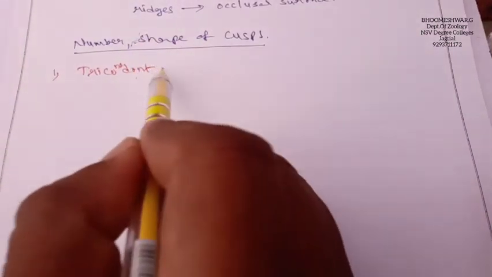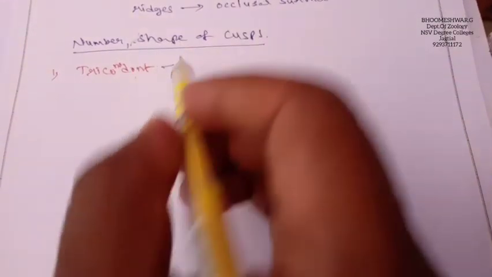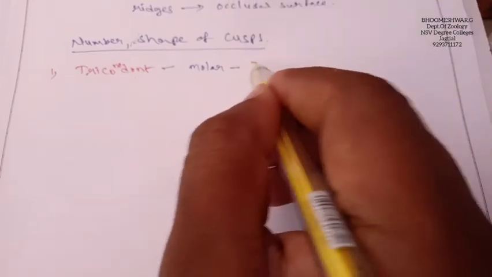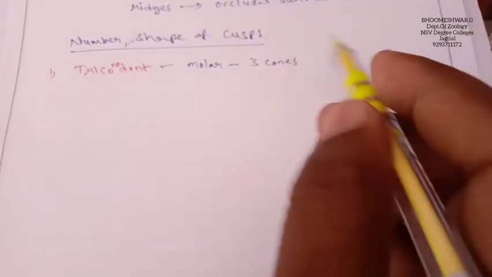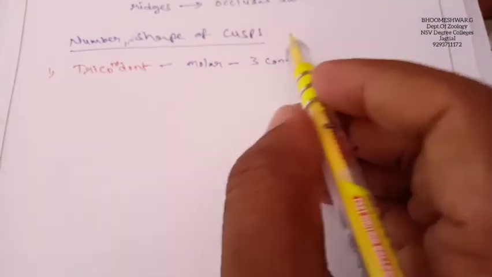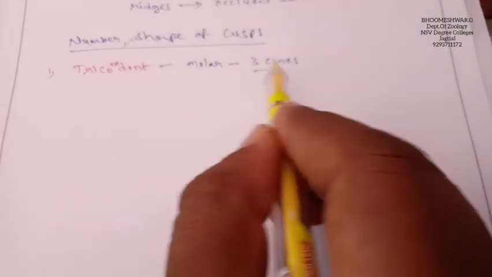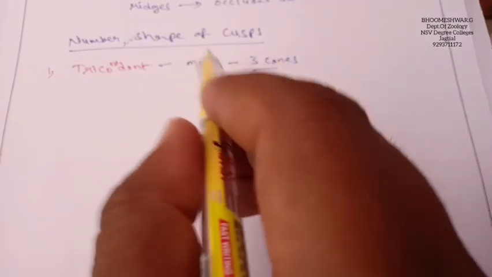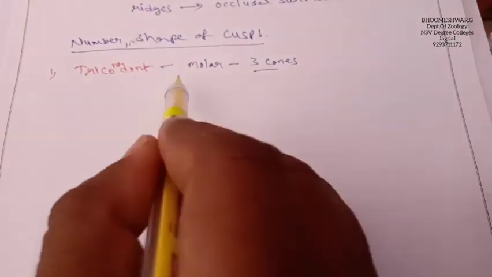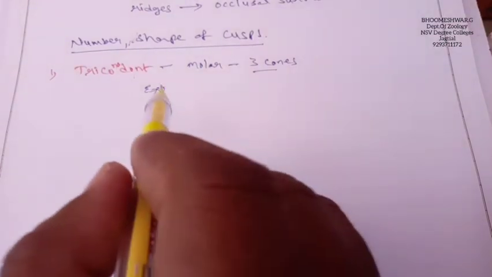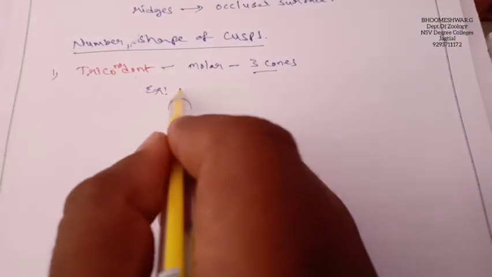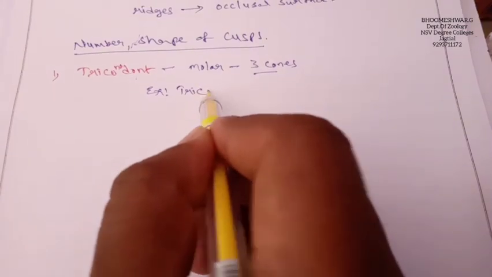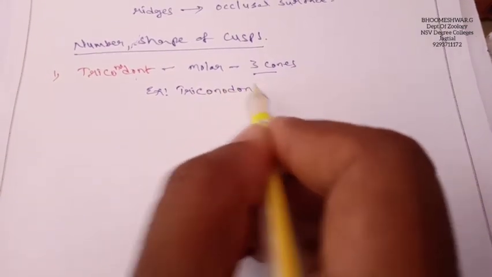In this triconodont condition, the molar consists of only three cones or three cusps, arranged in an anterior-posterior line. This type of molar is mainly seen in fossil forms of Mesozoic mammals, and a suitable example is Triconodon.